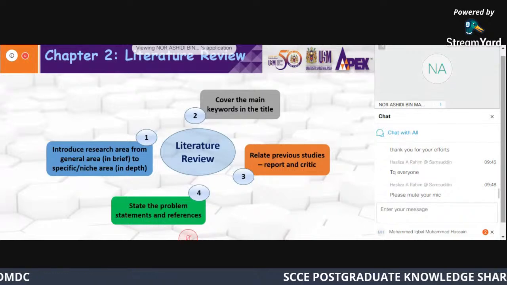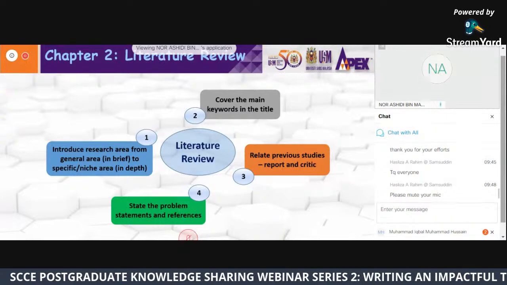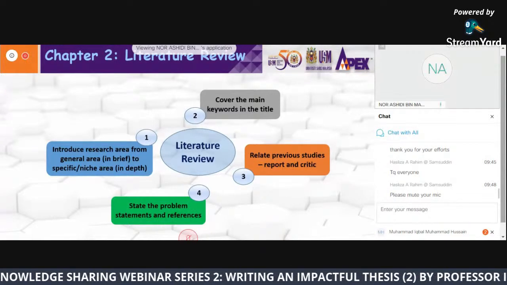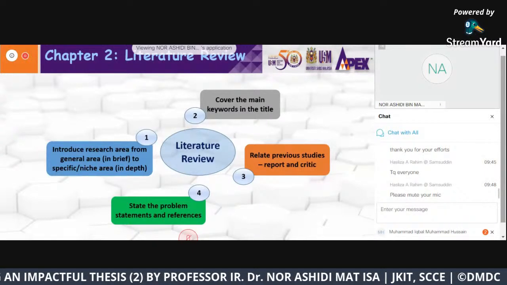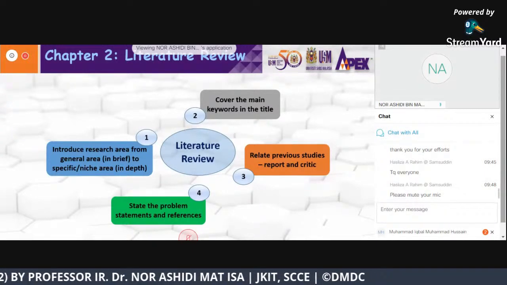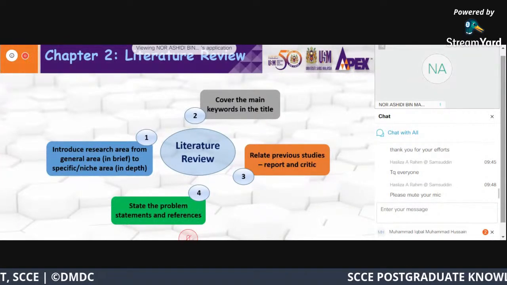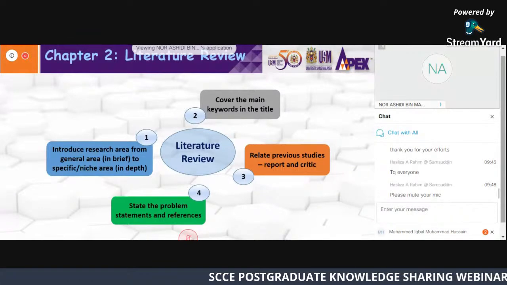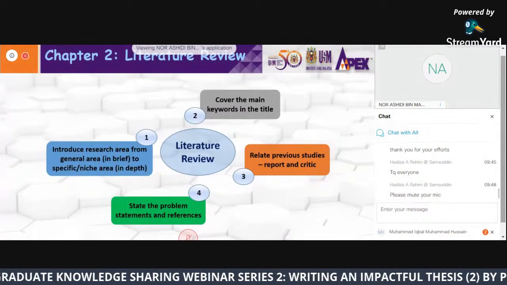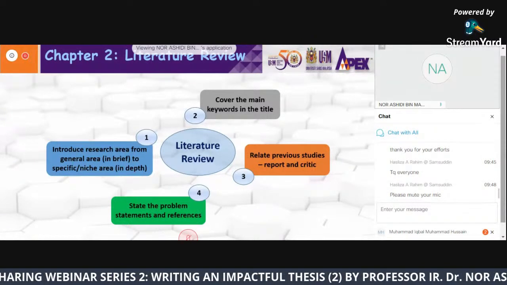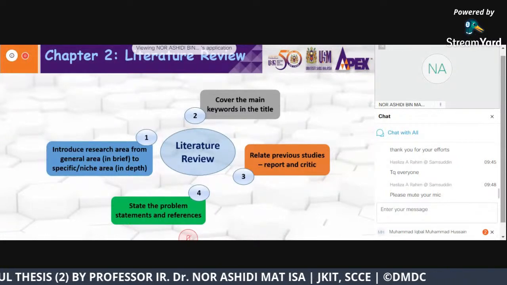So you must make sure that everything is clearly presented, and you make sure that the gap at the end of the day is actually the main research gap to be focused on in your literature review, in your research. Okay, and then after you do the literature review from the general into the specific or niche area, you must also make sure it covers the main keywords in your title.